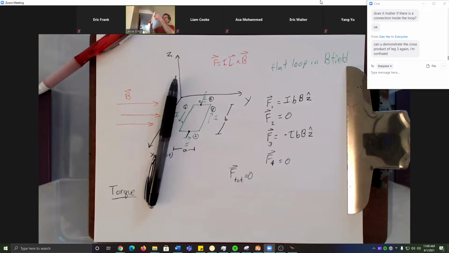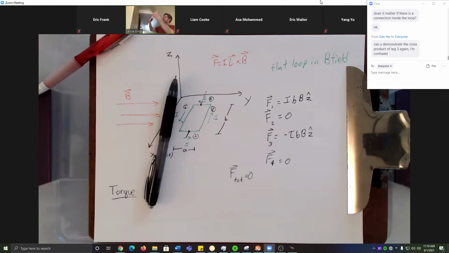You could also, if it got to here and you wanted to turn it more, switch the direction of the current. If the B field is going this way, and I make the current go like this, so I switch the direction of the current, then L cross B is up.